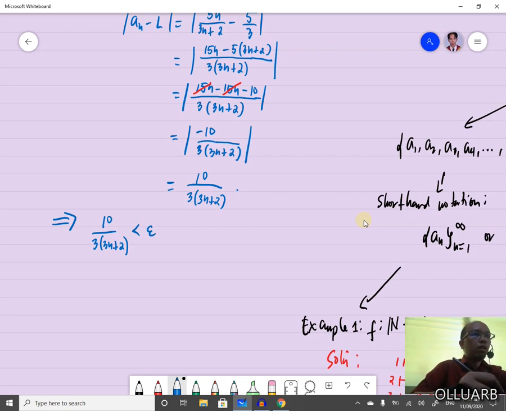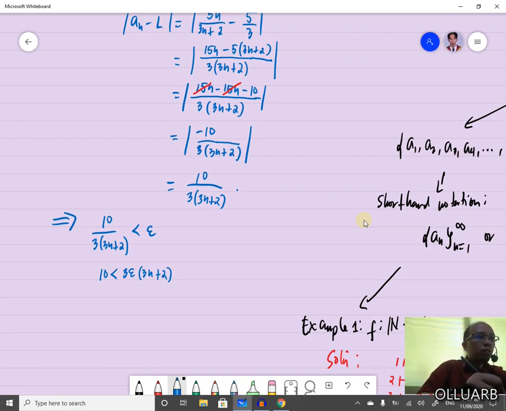We are trying to solve this by separating epsilon and n. So cross multiply, we have 10 less than 3 epsilon times 3n plus 2.